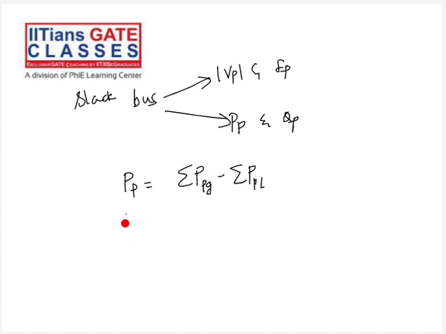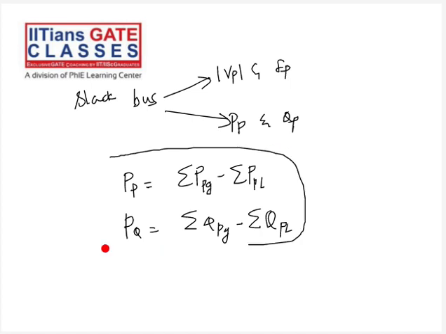And Q for the slack bus is sigma Qg minus sigma Q load, the generation minus load difference.